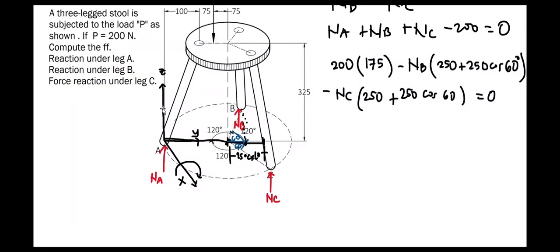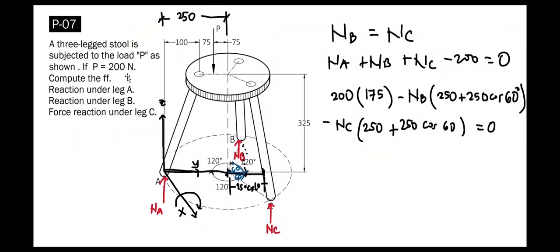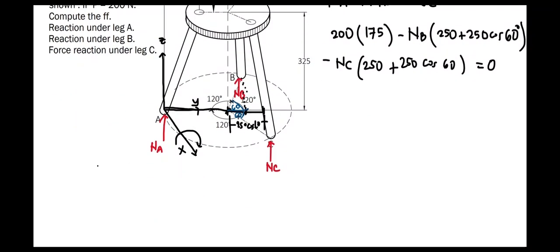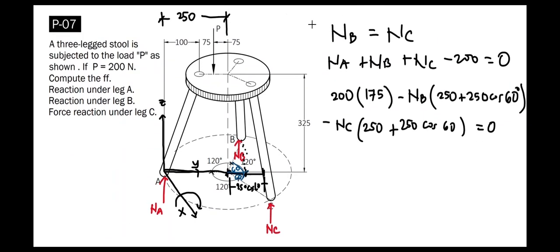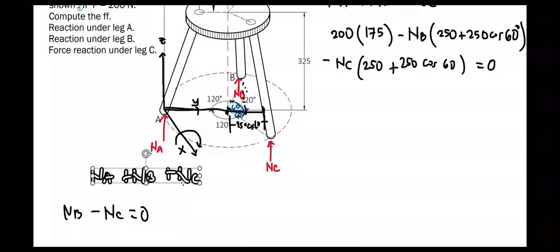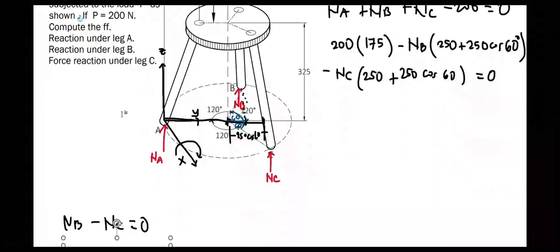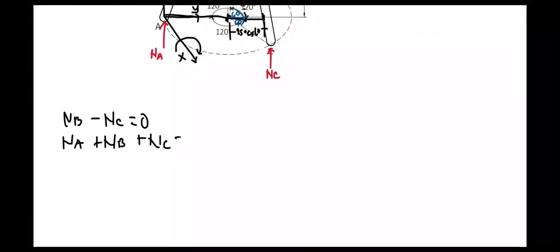So let's rearrange this. We have our first equation, N sub B equals N sub C. So this becomes N sub B minus N sub C equal to 0. And for the second equation, that's N sub A plus N sub B plus N sub C equal to 200 newtons.